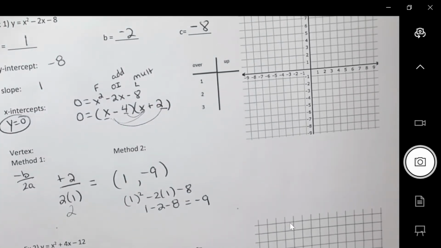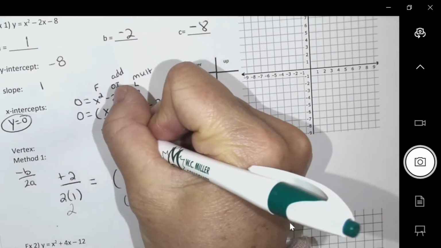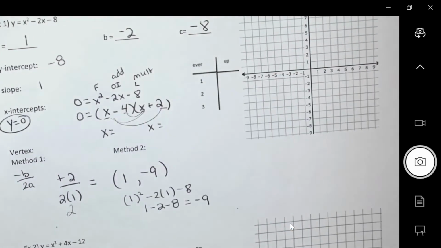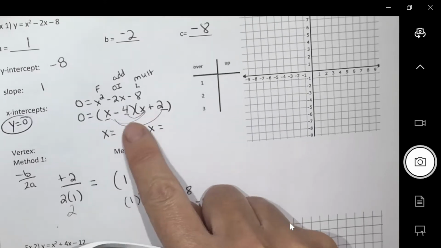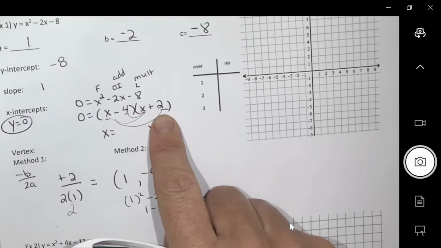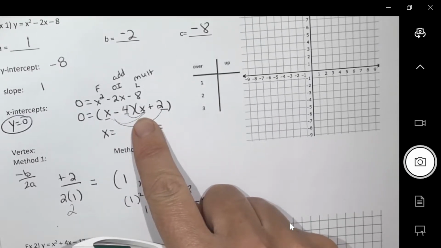Did it kind of start to come back into play? Now my question is, to make this all be 0, and you're multiplying two things, obviously one of the things has to be 0 to get a 0 on the multiply.